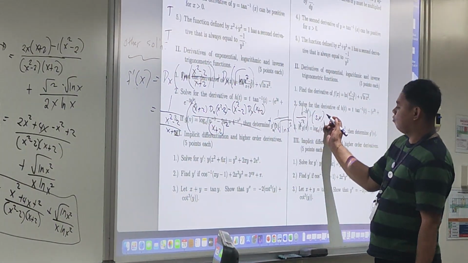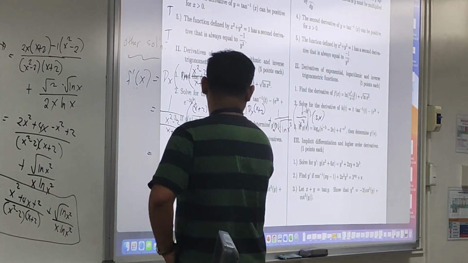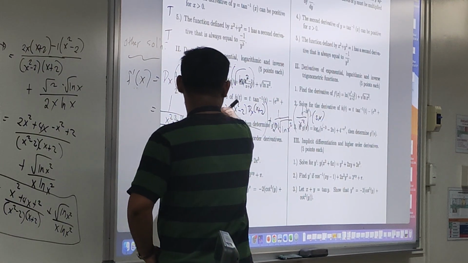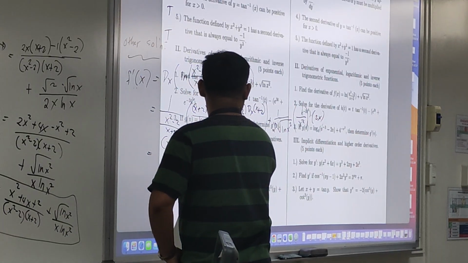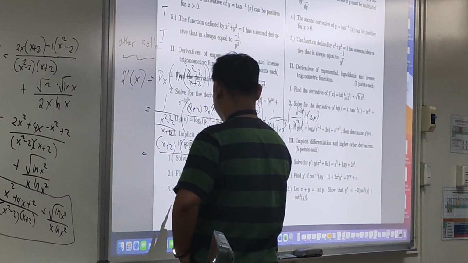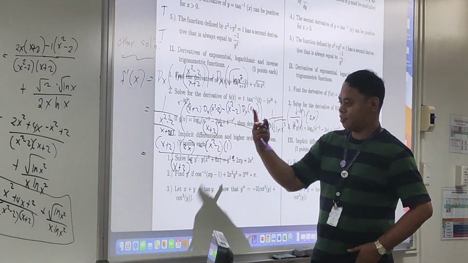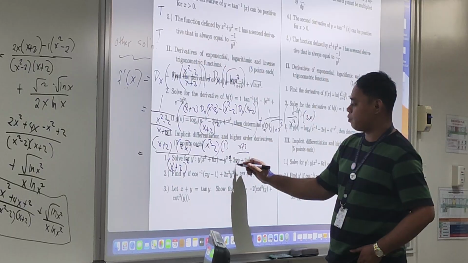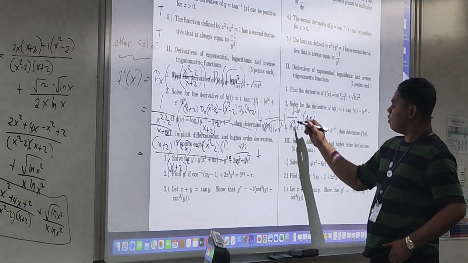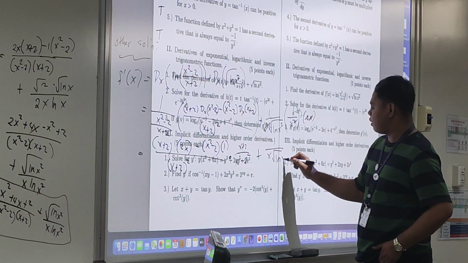So we have this is equal to x plus 2 times the derivative of x squared minus 2, that is 2x now, minus x squared minus 2 times the derivative of x plus 2, all over x plus 2 squared times x plus 2 all over x squared minus 2 plus, okay, and then this one is also extra lang, so we have 1 all over x square root of ln of x squared.